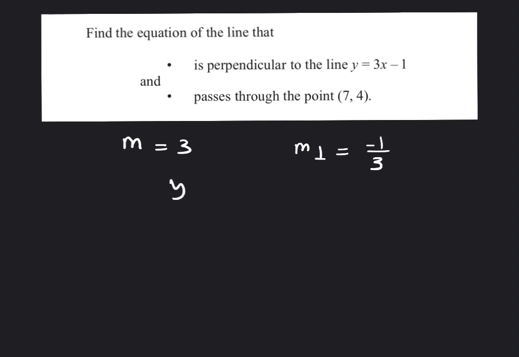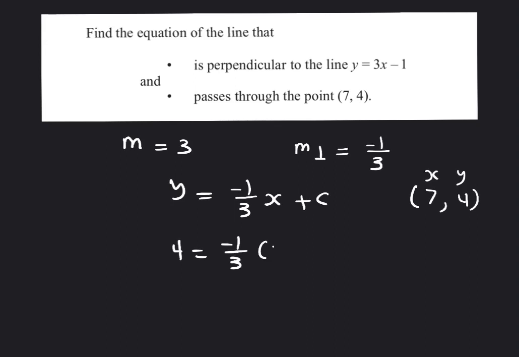Now the equation for the line is y equals negative 1 over 3 x plus c. This line passes through the point (7, 4), so x equals 7 and y equals 4 to find c. So 4 equals negative 1 over 3 times 7 plus c.